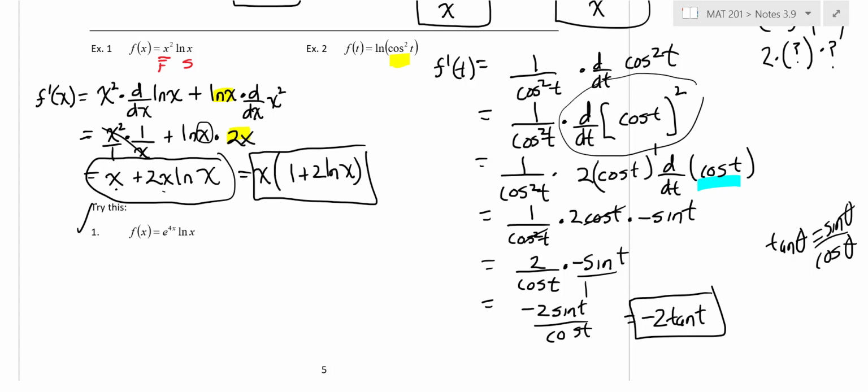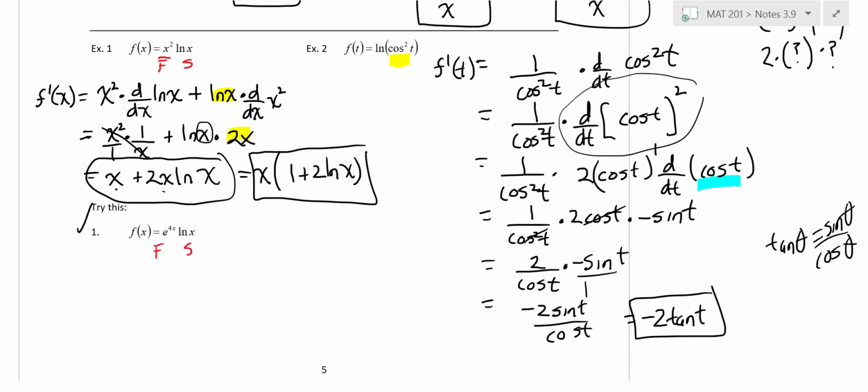And then I want to finish up with probably a couple of last things here. We might just barely have time to start logarithmic differentiation too. Now this one you want to apply a product rule on.